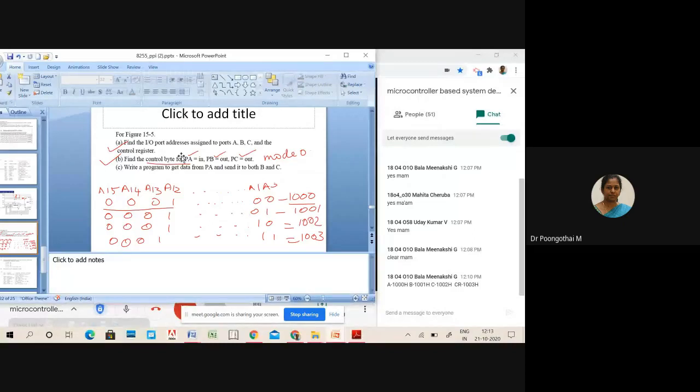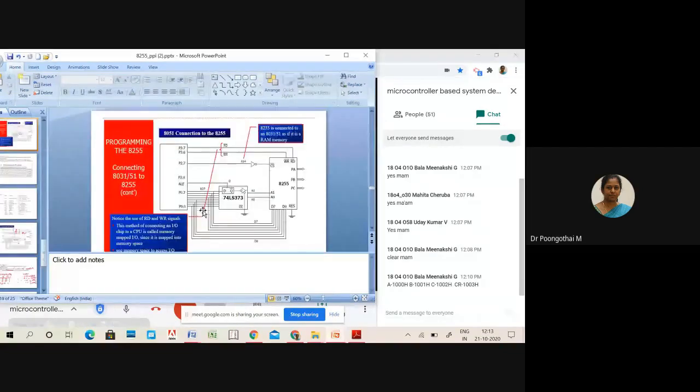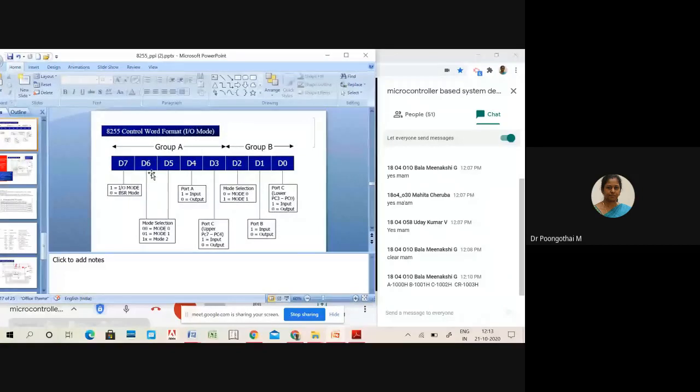Have all of you noted this answer? So you have to apply your values in the control word format for the I/O register. Port A as input, remaining port B and port C output in mode 0. Your D7 is going to be 1, okay?